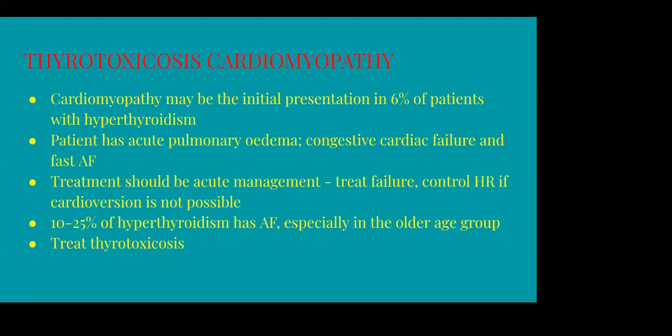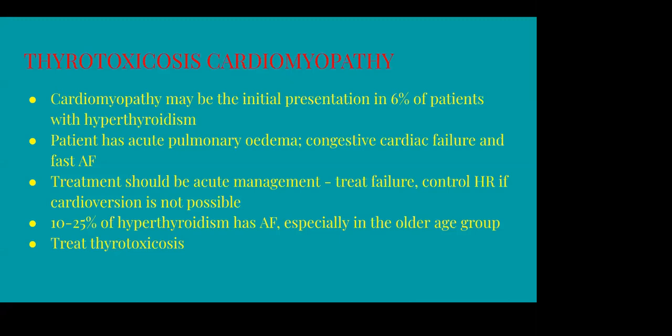The patient has acute pulmonary edema, congestive cardiac failure, and fast atrial fibrillation. That's our diagnosis. Treatment should be acute management: treat the failure, control the heart rate if cardioversion is not possible. 10 to 25% of hyperthyroidism has atrial fibrillation, especially in the older age group.